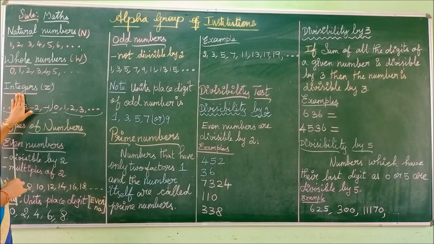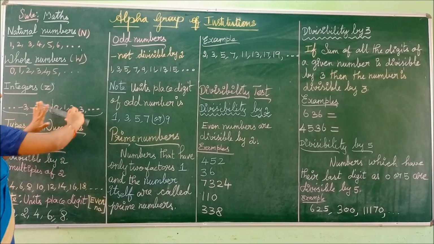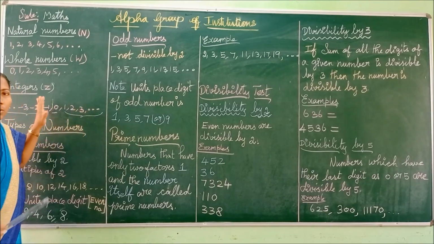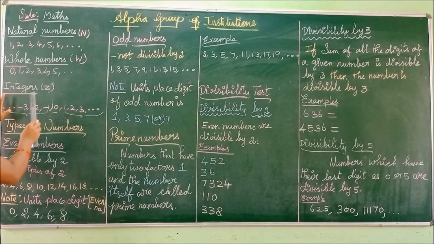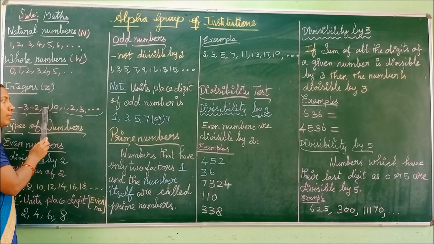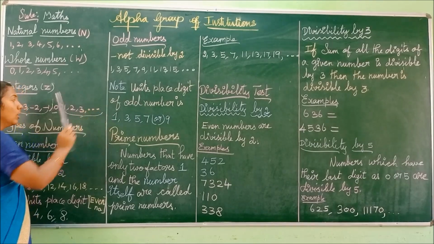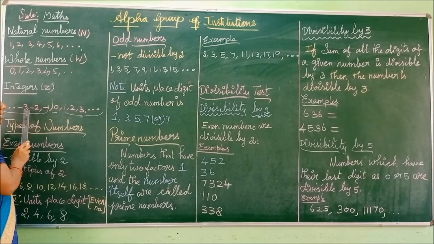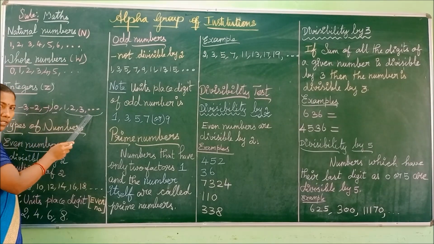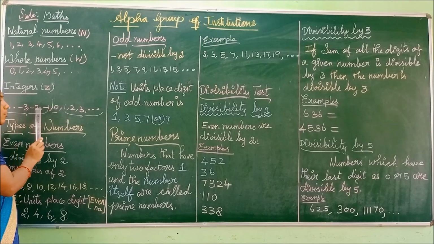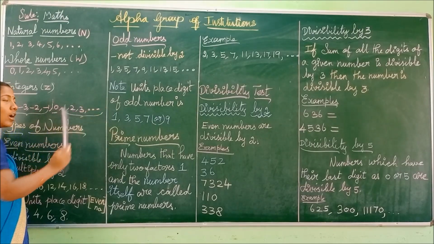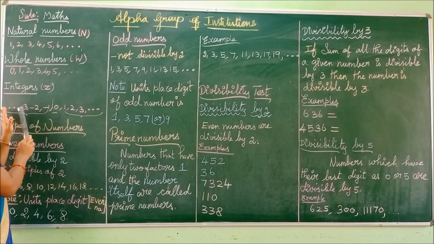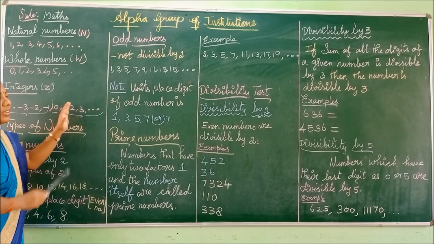Okay, so integers contain negative numbers, whole numbers. We can define integers as negative numbers, 0, positive numbers, otherwise negative numbers, whole numbers. Also we can define the integers as negative numbers, 0, natural numbers.